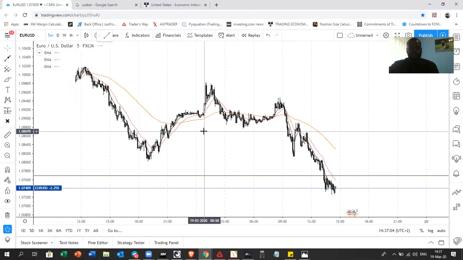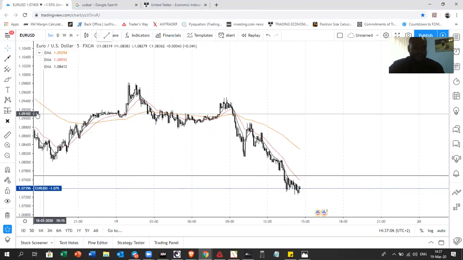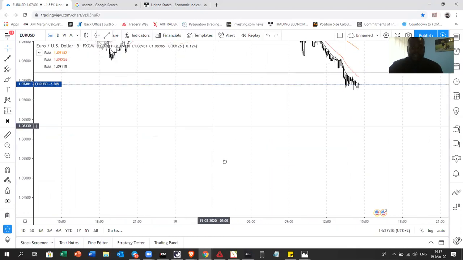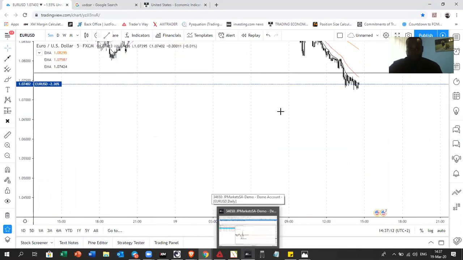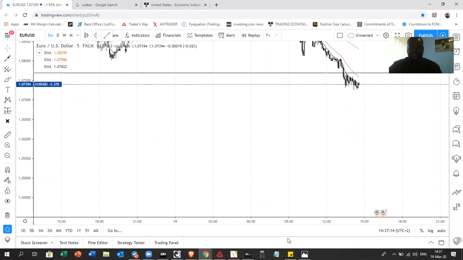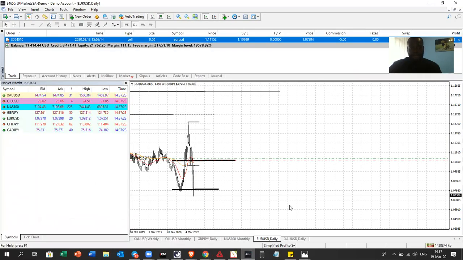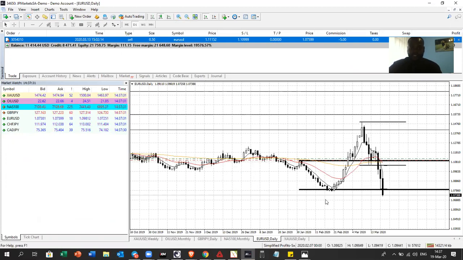So this strategy is pretty simple. Actually, let me do my analysis on here. So this level is broken, clean.